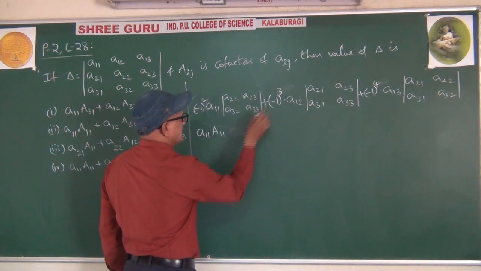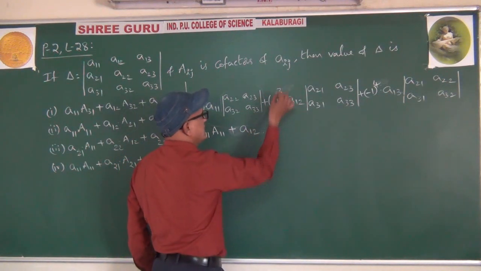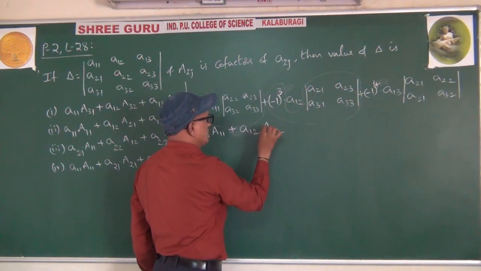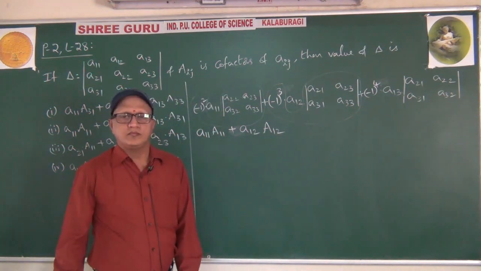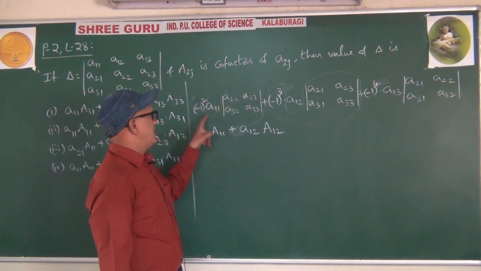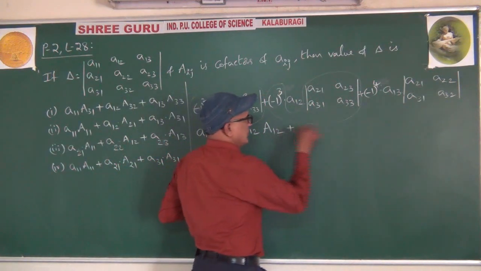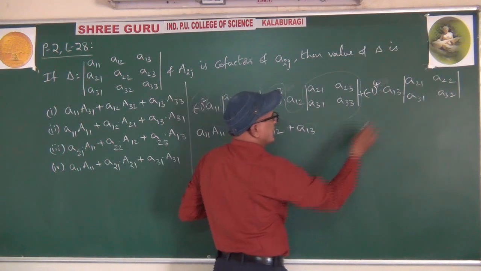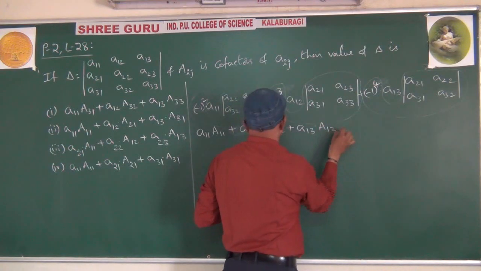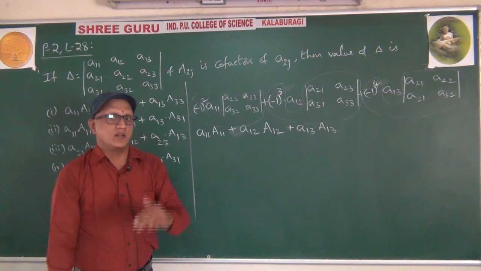The plus I keep as it is. A12 keep as it is, and that complete part is capital A12. I did not expand this one. This round part became A11, this round part became A12. A13 keep as it is, and this round part becomes A13. This is the value of the determinant.